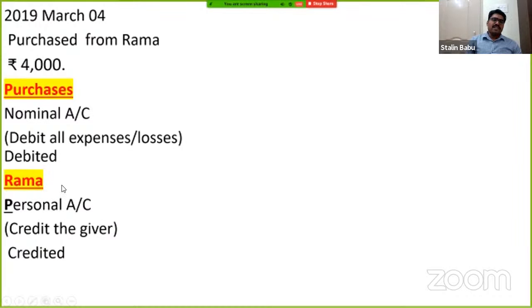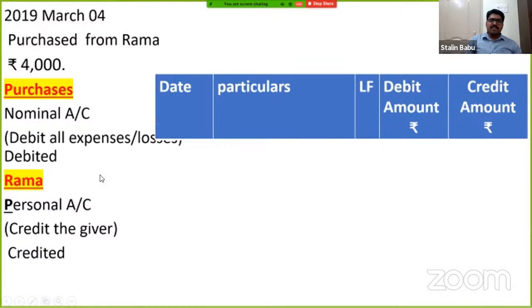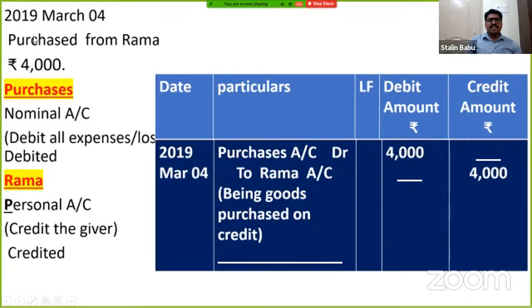Now you enter it in the journal book. What is the date? 2019 March 4th, right? March 4th in the date column. Write the entry in the particulars column. What is the entry? Purchases account debit to Rama account. What is the amount? 4,000.